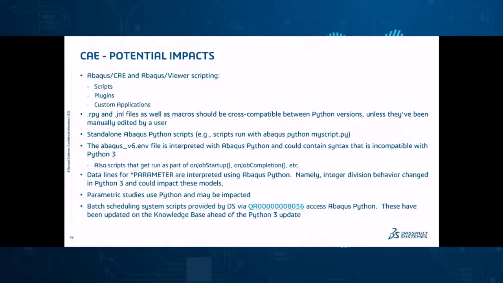Again, that's also interpreted by Python. So you may need to be careful about integer division calculations, for example, on the differences between the two Python versions. And for those that use the batch system scripts provided by DS, there's a knowledge base article that has updated Python 3 versions.